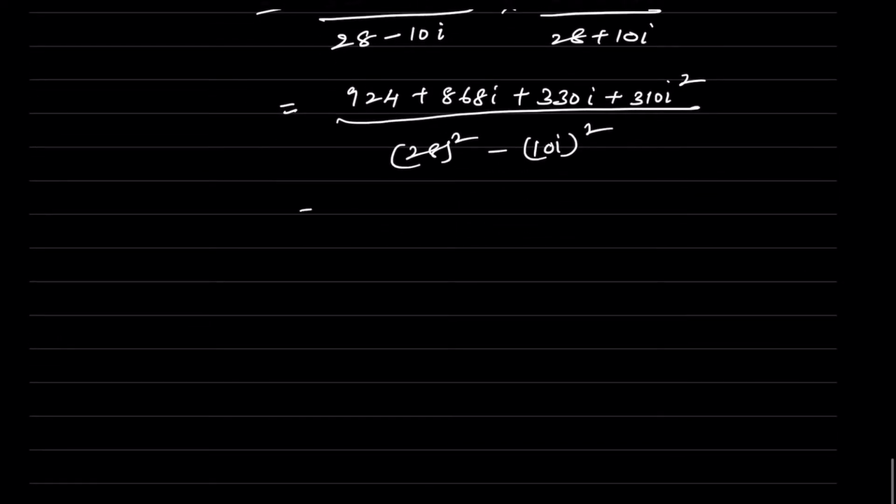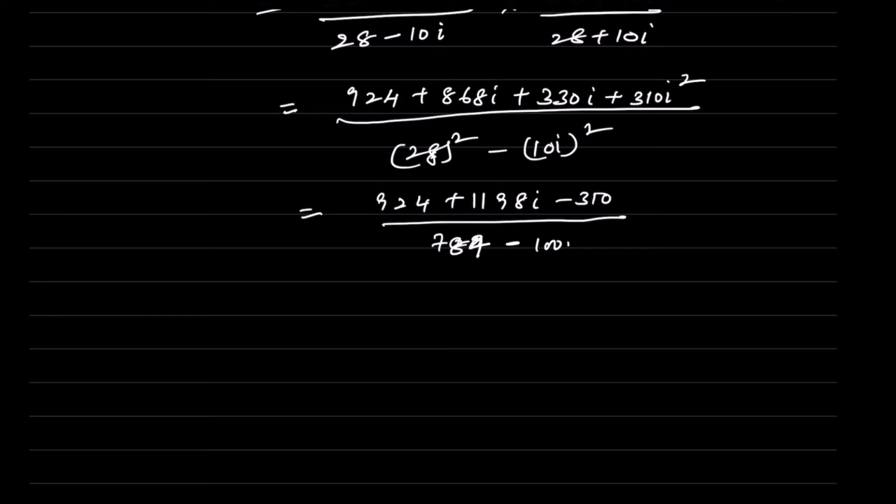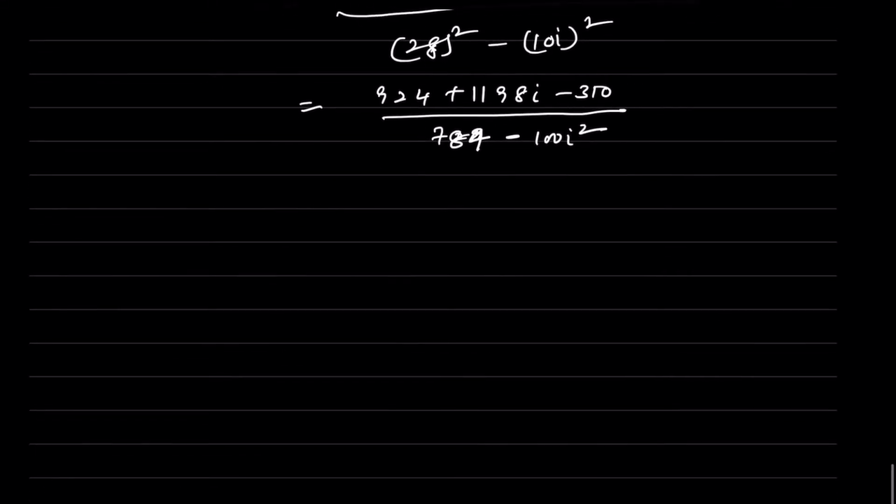So this is 924 plus 1198i minus 310, divided by 28 square is 784, minus 100i square. So 924 minus 310 is 614 plus 1198i, divided by 784 plus 100.